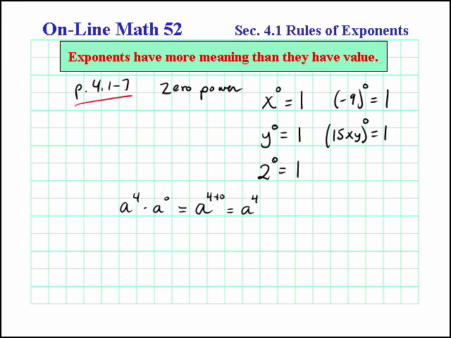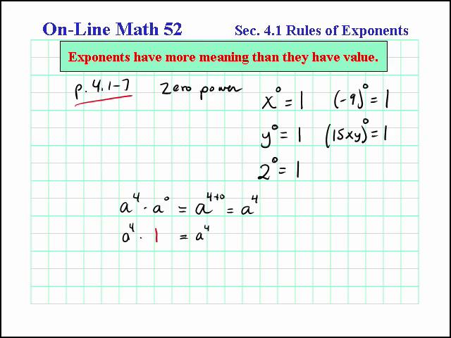Well, that's kind of interesting. Here we started with a to the 4th, and we multiplied it times a to the 0, and we ended up with a to the 4th. What do you think that means about a to the 0? Think of this for a moment. A to the 4th times what equals a to the 4th? A to the 4th times something equals a to the 4th. What's that you say? Times 1?